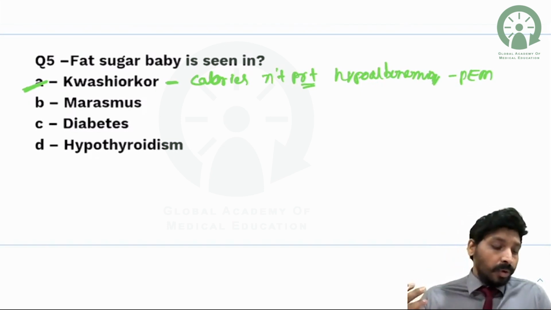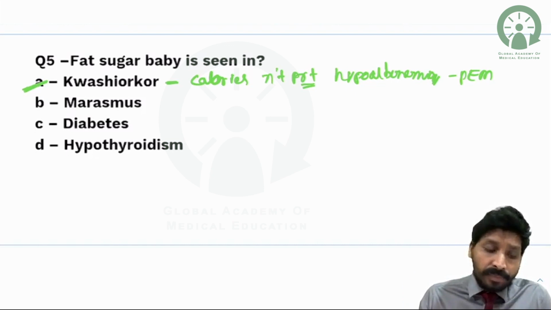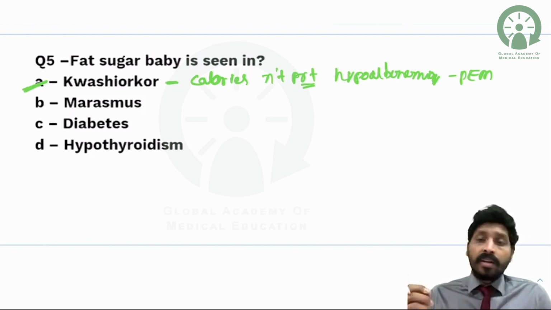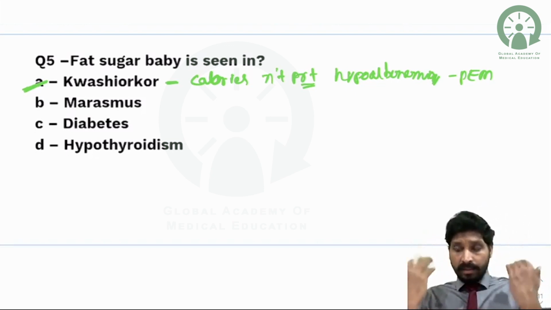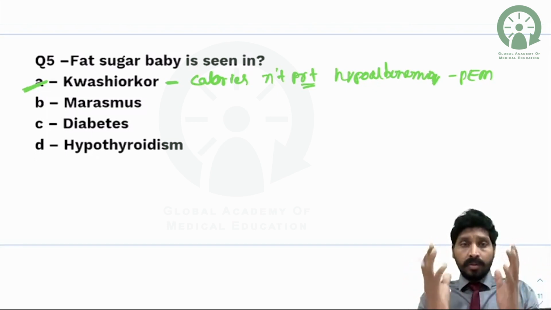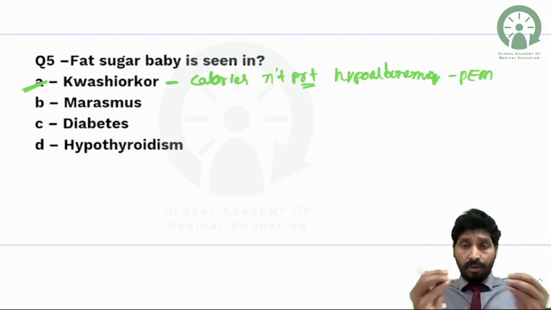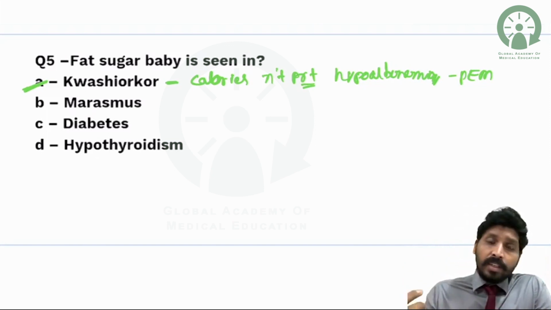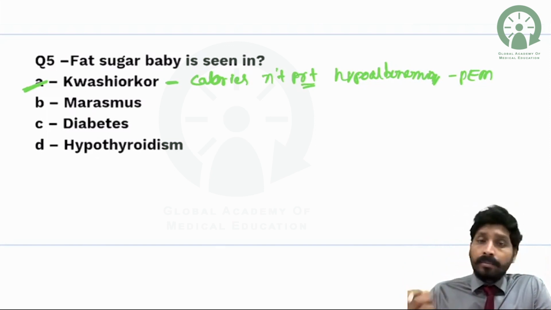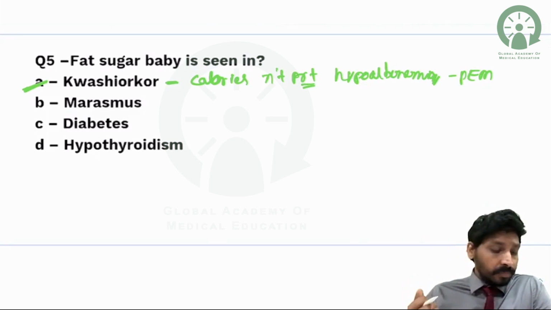Okay, so here pitting edema is a characteristic feature. As fat is accumulated in subcutaneous tissues, the babies appear like fat sugar, as they are consuming more carbohydrates, so fat sugar baby. Fatty liver is also another thing, and the baby will be apathetic. Abdominal distension also you can make out here.